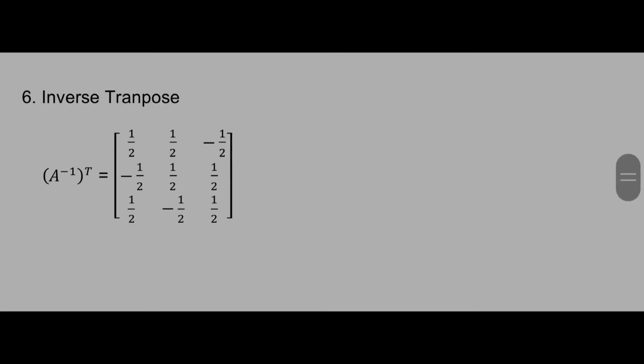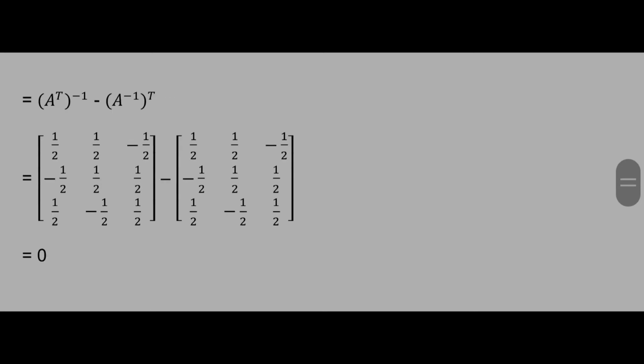Step 6, we transpose the matrix, and finally the inverse transpose matrix is created. After creating the 3 times 3 transpose inverse and inverse transpose matrices, we are able to solve the given question, and the result will be like this.